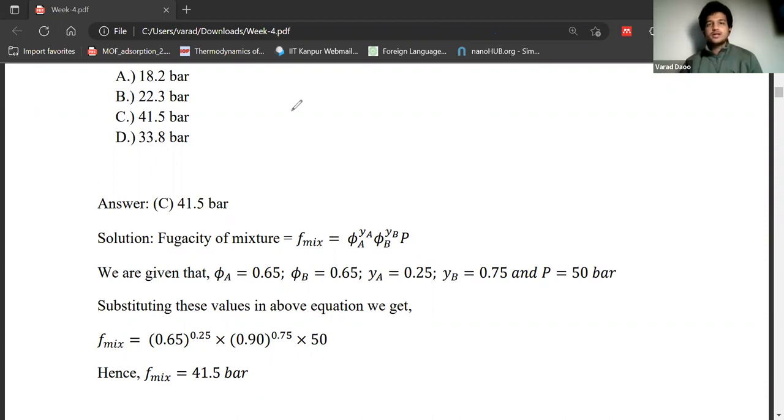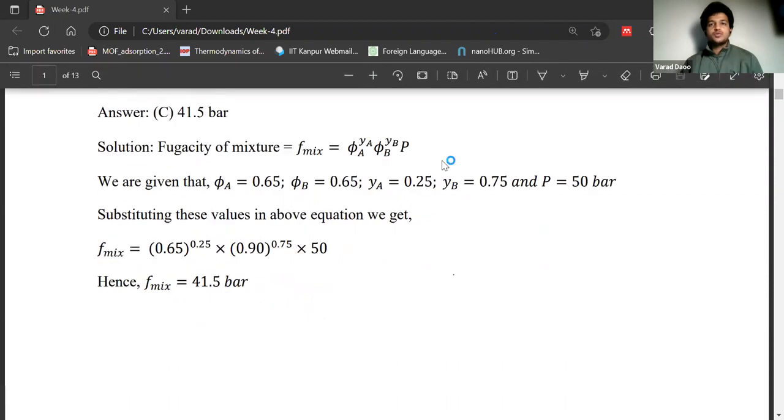So you now know the correct answer is option C, 41.5 bar. Okay. I'll wait for a couple of minutes if anybody has any questions or would like to write this down, and then we'll move on to the next question. Anybody has any questions? Nobody has any questions? We'll move on to the next question.